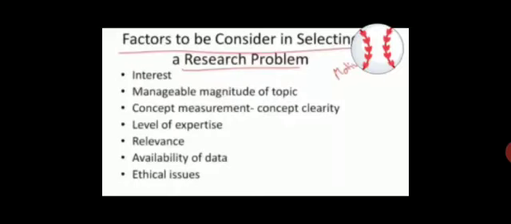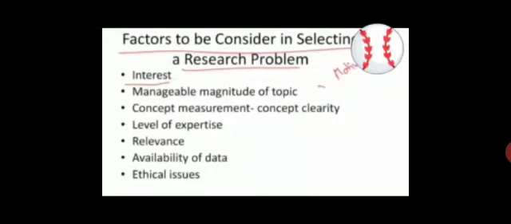Say for example, we are trying to conduct research on motivation. We have to keep in mind several points when selecting a research problem. Number one, the most important thing is our interest, whether we are interested in that topic or not.